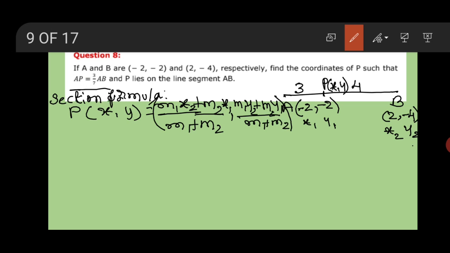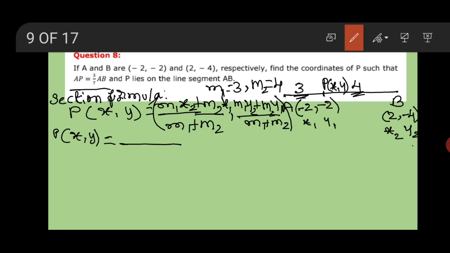So this is equal to, now substitute the values. We know m1 is what? This is m1, 3, and m2 is what? 4. So m1 is equal to 3 and m2 is equal to 4.